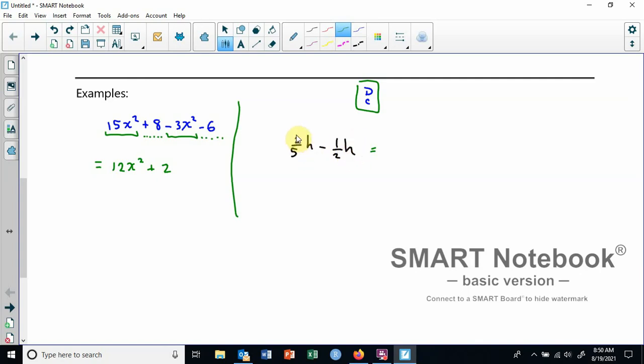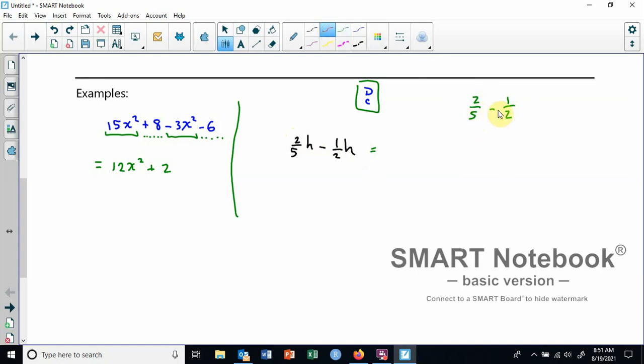So then I just need to handle 2/5 minus 1/2. So I'm going to need to do some scratch work to be able to handle this. Now I could type this in a calculator to do it. You would need to have parentheses around each fraction and be really careful. But let's do it by hand just to practice.